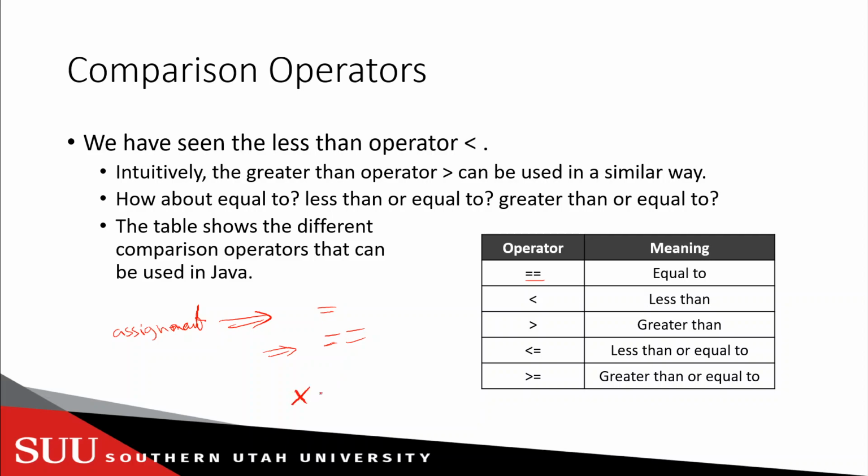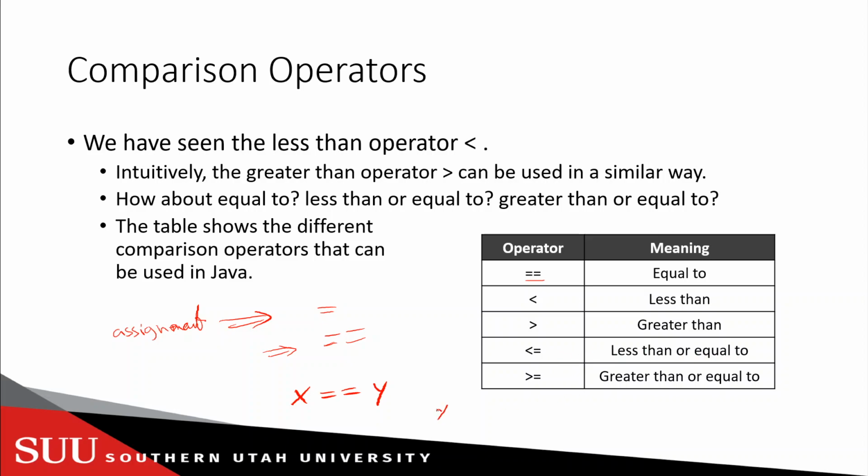So if I say x equals equals y, this is going to either return true or false based on whether they are equal or not. The less than operator is the one we've seen. Greater than is the one we've seen as well. Now we can also check if it is less than or equal to something.